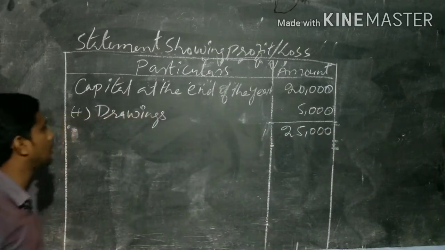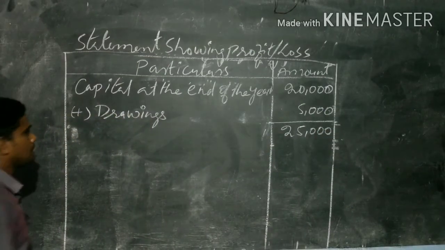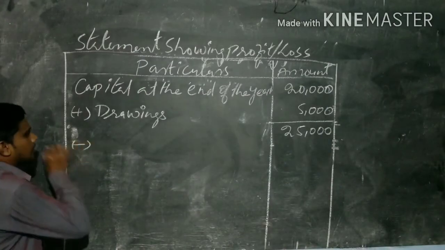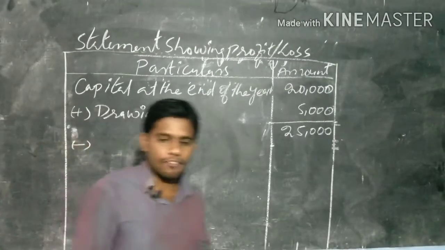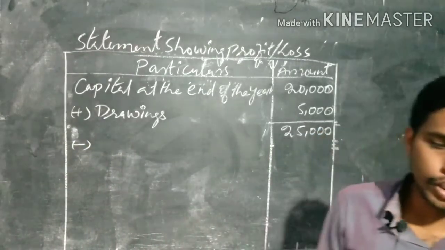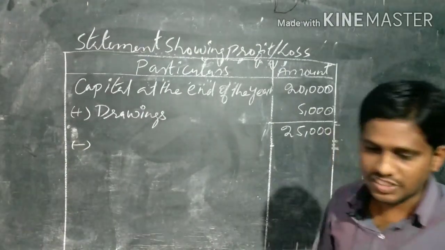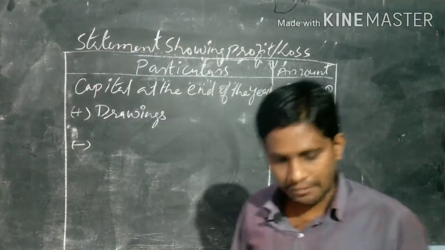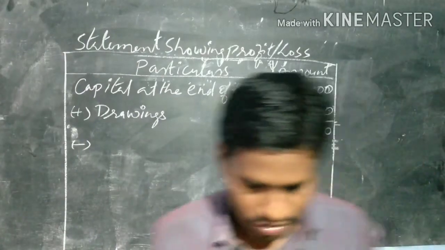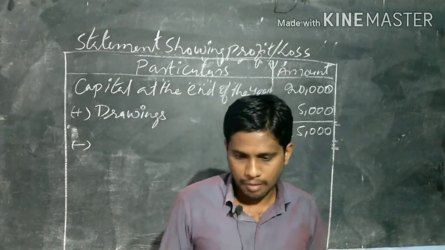After adding that 5,000, next we need to deduct additional capital, fresh capital or capital introduced during the year. These 3 names are there, which we discussed in our last class when I was explaining the format.